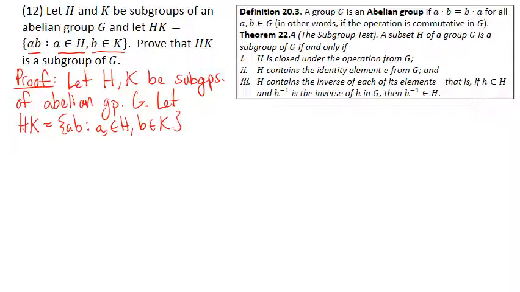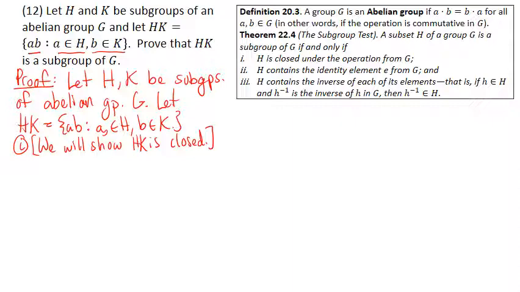So, how are we going to do this? We need to do the three parts again. So we will show HK is closed.